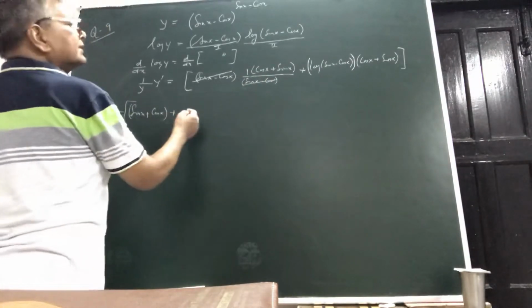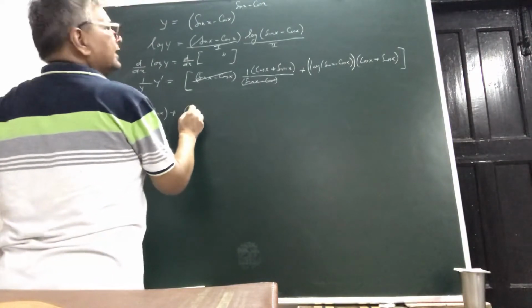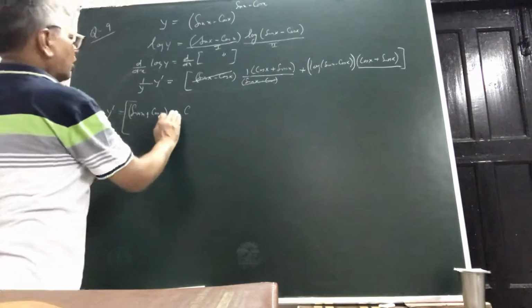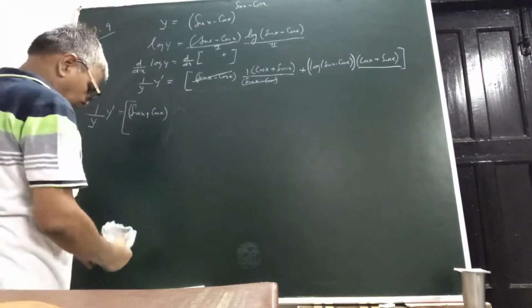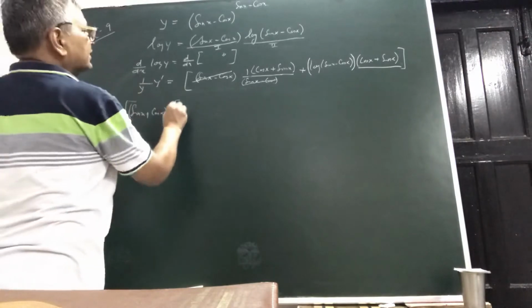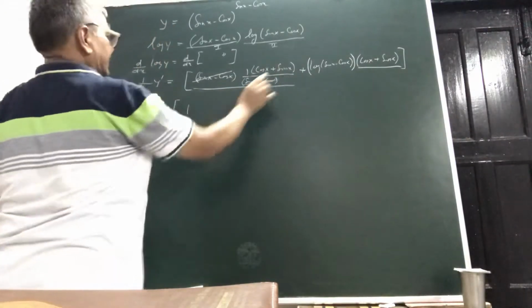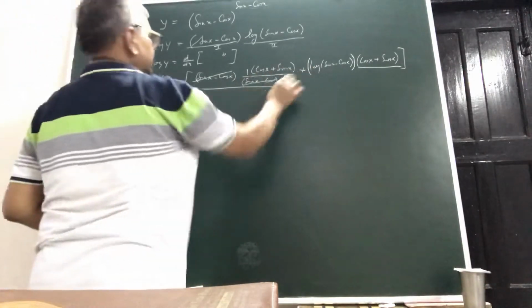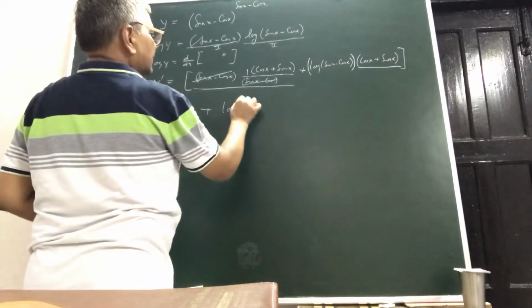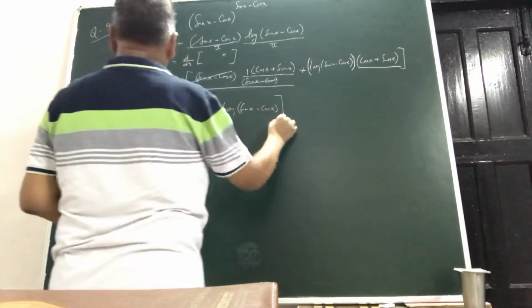Plus, now the second expression. See this expression and this expression, here you can take common from these two. When you take this common, what you will get is 1 from the expression cos x plus sin x, plus here you will get log sin x minus cos x, that's all, within the brackets.